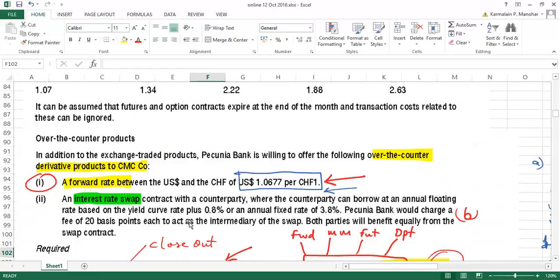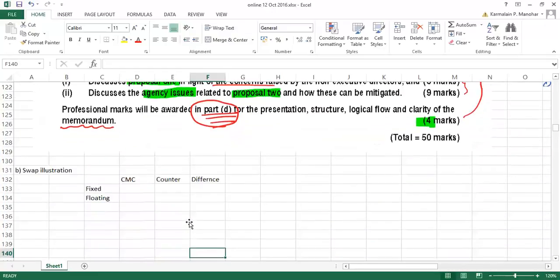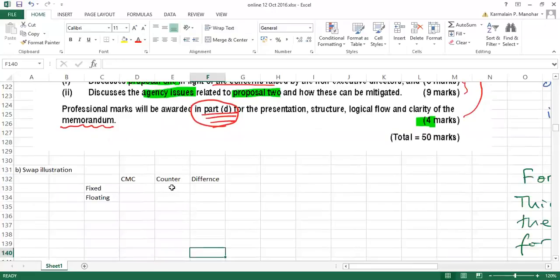So floating plus 0.8, fixed rate 3.8. Going back down to record that for the counterparty: fixed 3.8, floating is the floating rate plus 0.8. So with that, put that on the other end.